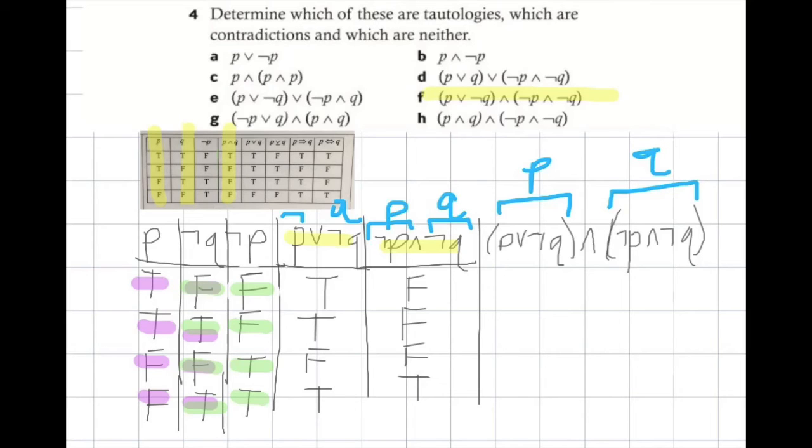So first combination, we have true, false. So true, false is false.